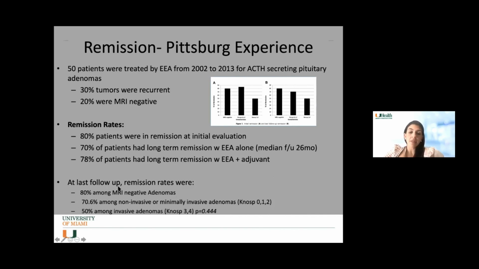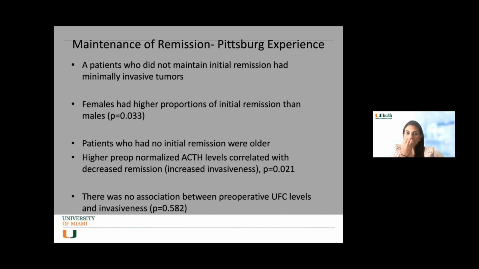For the MRI negative adenomas, the remission rates were about 70% with surgery alone, and then that goes up to about 80% with surgery and adjuvant therapy. So again, just like in growth hormone and acromegaly, surgery alone gives you a certain level of biochemical remission, and you can always increase that with both medications and radiosurgery.